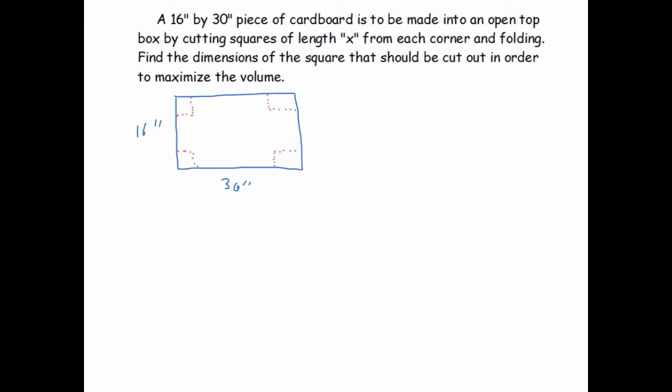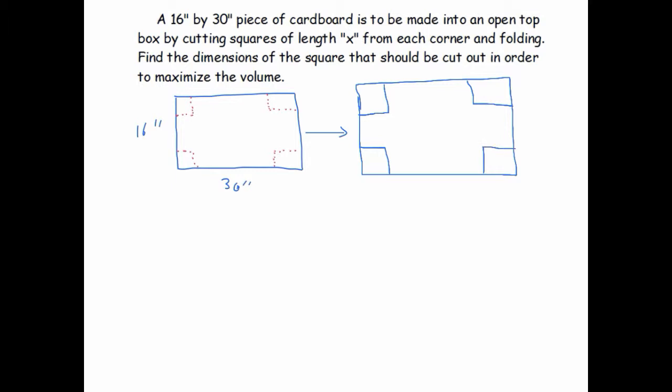So if you cut out those corners, what you'd be left with would be something that looks like this. I'll just erase those corners. So if I take out those corners, what you end up getting is something that looks like this.